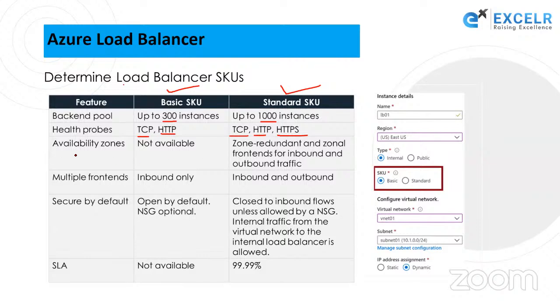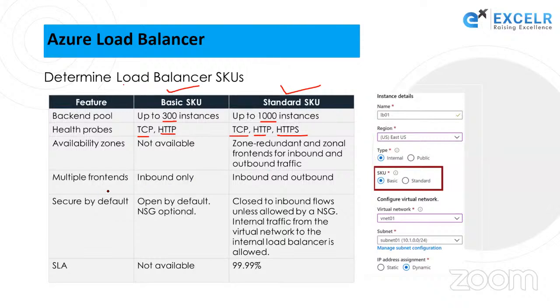The concept of availability zone is not available with the basic SKU. You can use only availability set. Remember, we have already seen the availability concept in virtual machines, so this is talking about that. Then we have a zone redundant and a zonal front end for your inbound and outbound traffic with your standard SKU.